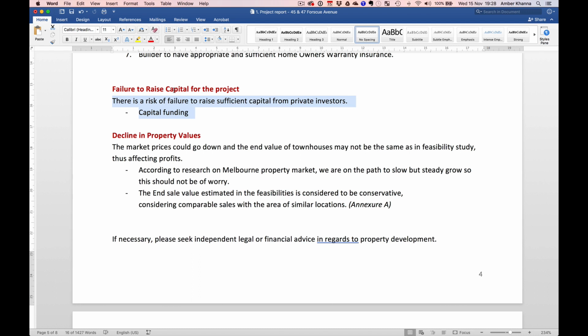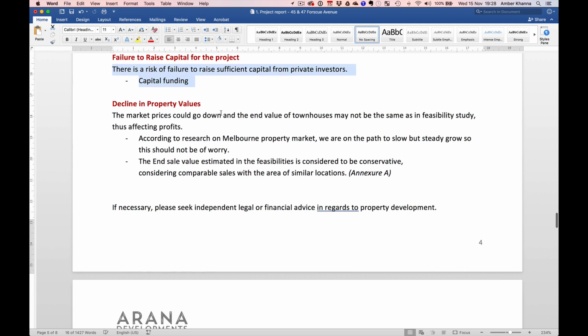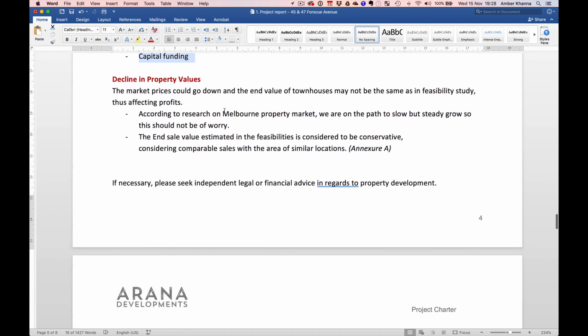We know what we are getting into. In my scenario, we didn't know if we were going to be successful with getting 4 units. So I had to put in things like, there is a risk that all these things can happen, but in your scenario you already have a DA. Yeah, I'll probably reinforce the fact that we actually do have a permit and the DA and so on.